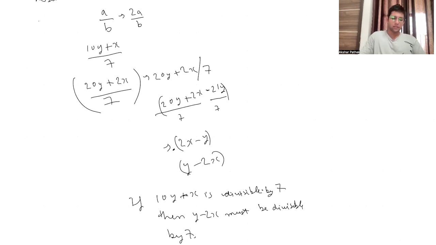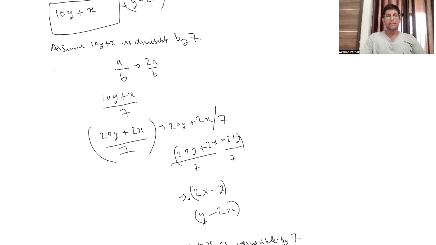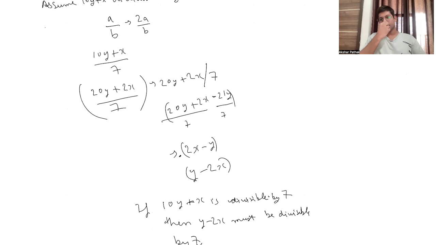Let's say we are talking about 10y plus x. We check if it's divisible by 7. If 10y plus x is divisible by 7, it will be some integer, and if 10y plus x is 0, just assume that it's 0. Then also it's divisible by 7. 0 is divisible by 7.